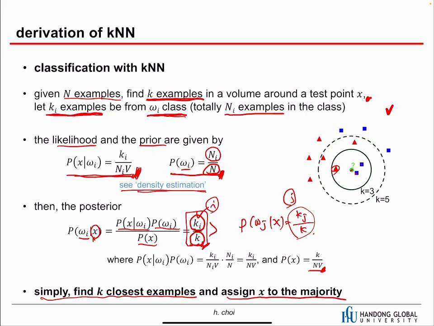Then this one is classified into the blue class. Now if k is 5, we have to find 5 neighbors, and then we include more red samples. Now the green sample will be classified into the red class because we have more reds here. So kNN is quite simple, but it works great.